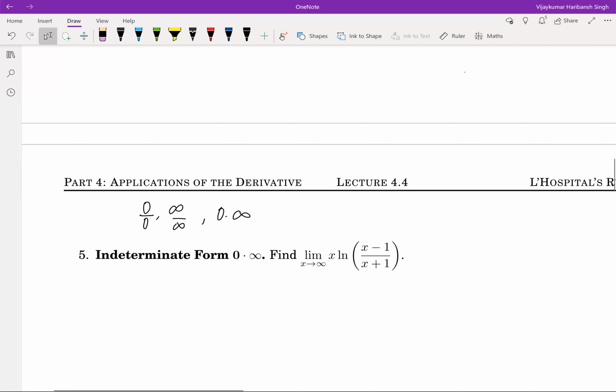So first of all, let's check whether it's of that form. As x goes to infinity, x goes to infinity, right? This goes to infinity. What about this guy? Let's check that out.